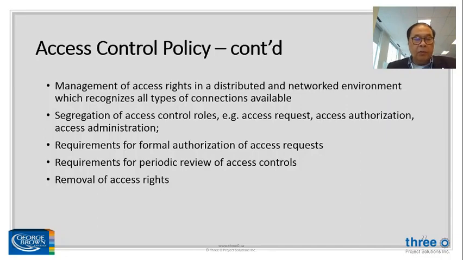Also, I think one of the other things that's very key is the segregation of access control roles. People that are requesting access cannot be the same person that is actually receiving the access. So I cannot request access for myself. Someone has to request access for me. If there is a user and they report to a manager, usually the policy should be that the manager or supervisor of those users will have to initiate the request.